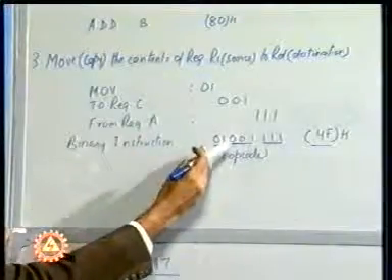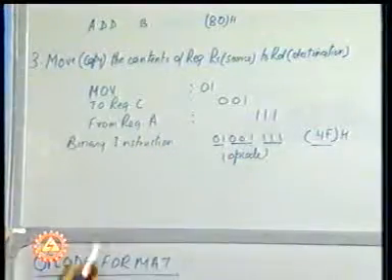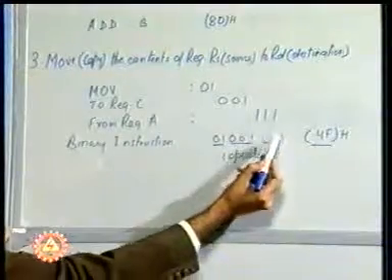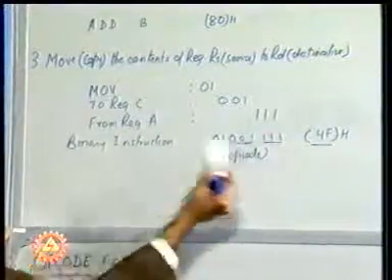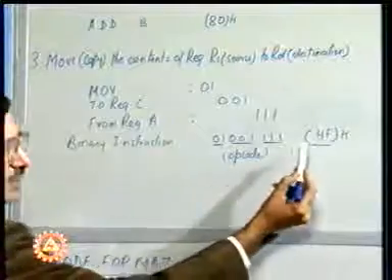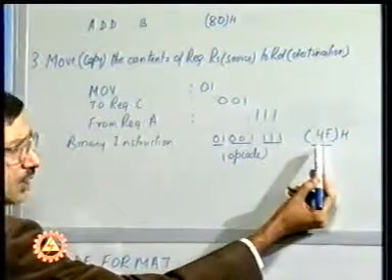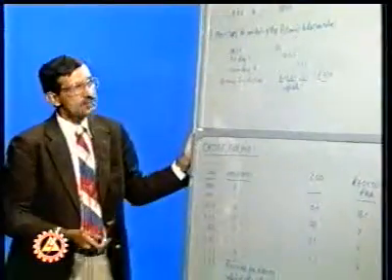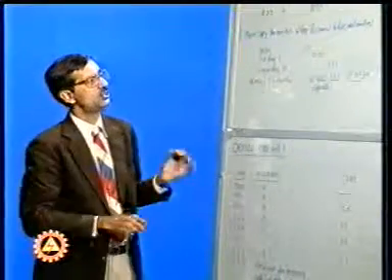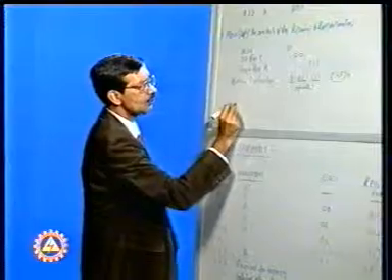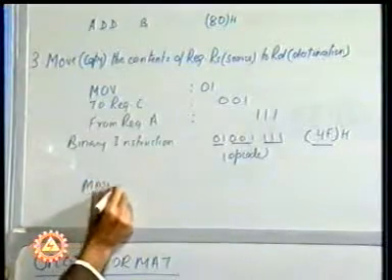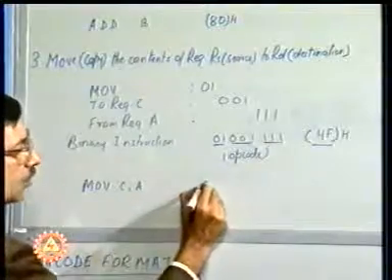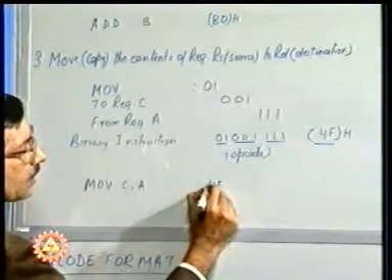If we copy these things in one line, what we get is 01, 001, 111 in binary fashion. Its hexadecimal equivalent, which is available to us now, is 4FH. Same thing we can write in another fashion, and we can say move C, comma A, for which the code available to us is 4FH.